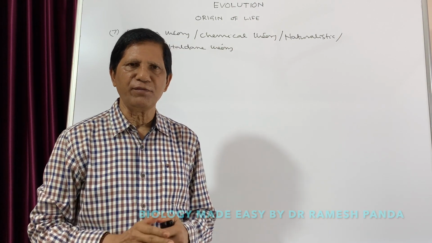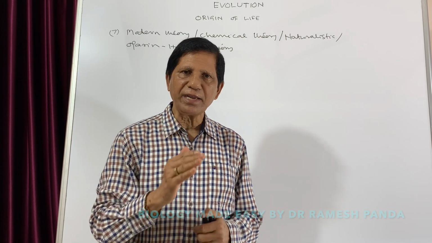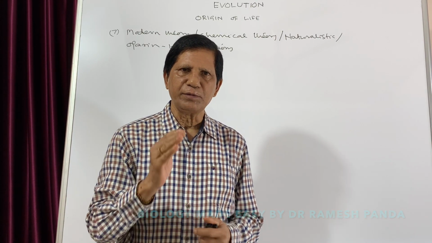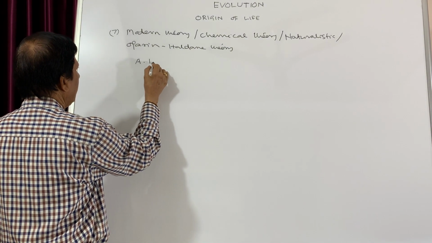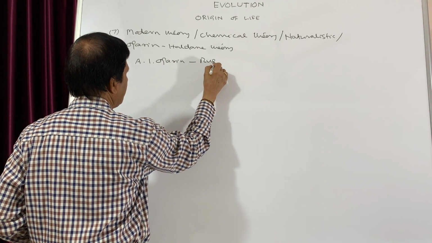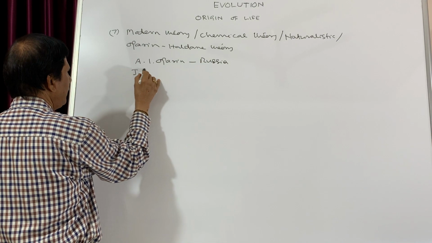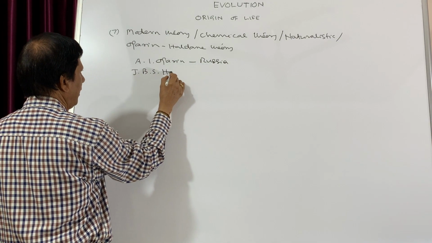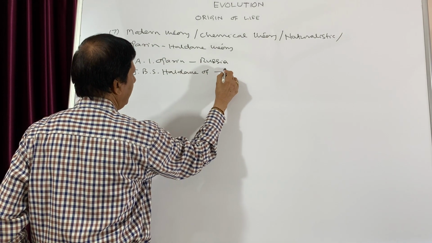So listen very carefully because it is important for examination point of view. This chemical origin of life has been proposed by A.I. Oparin of Russia and J.B.S. Haldane of England.